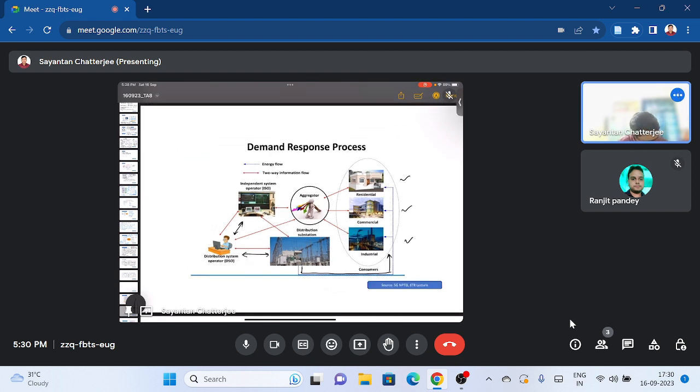Firstly, the ISO determines the total demand and the time of operation. This time of operation also plays a vital part. Again, the aggregators also receive the data from the ISOs, and based on this, mainly the discussion I've done now.